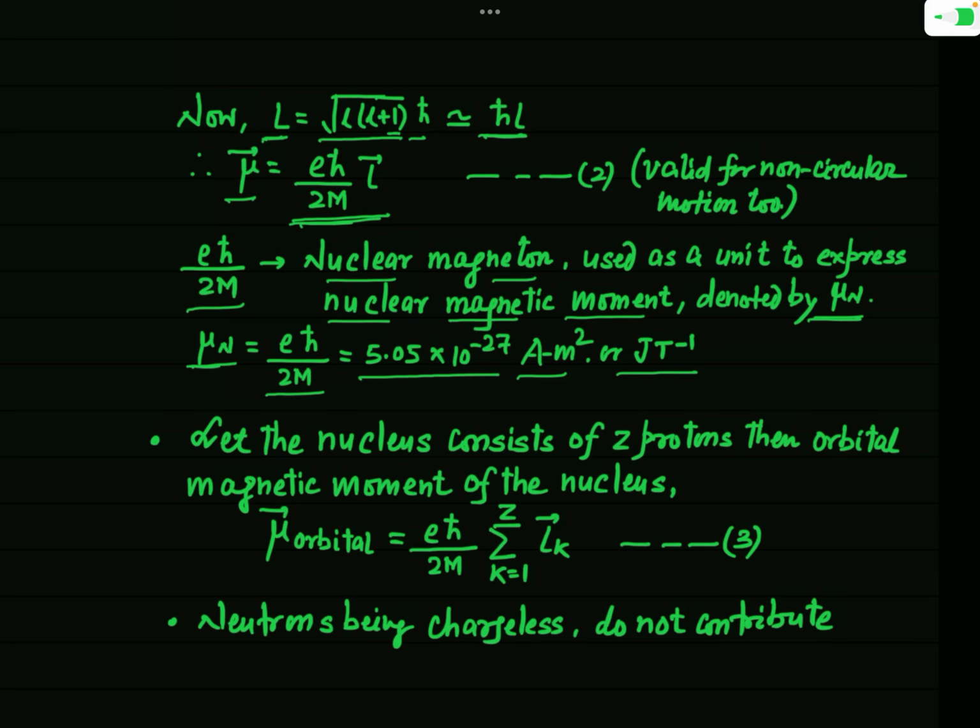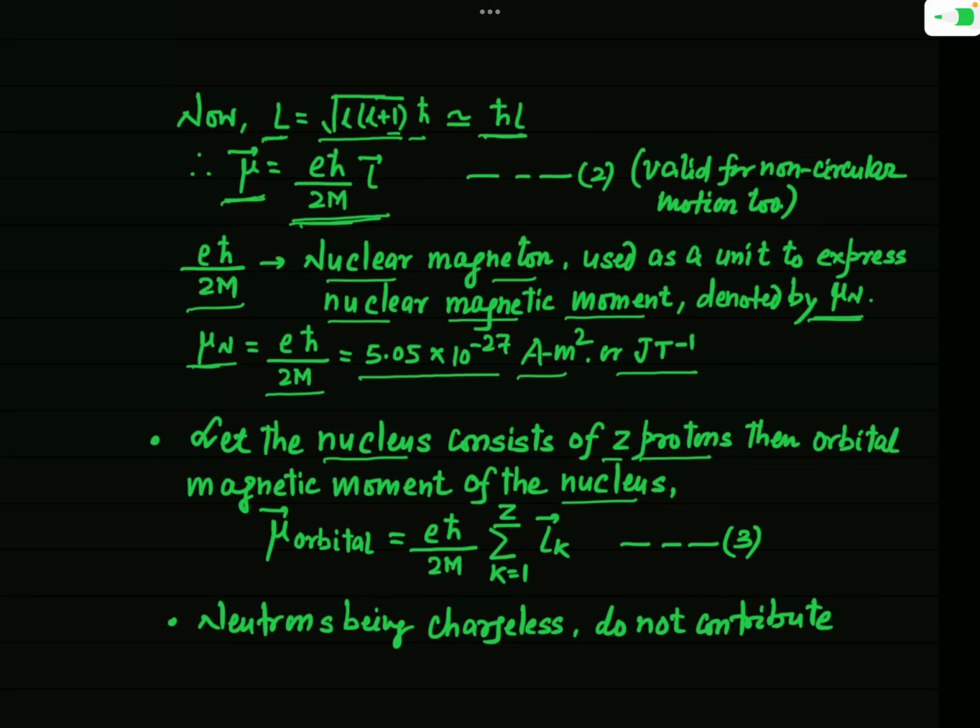As you can see, I have calculated the magnetic moment associated with the orbital motion of the proton, considering only one proton revolving inside the nucleus. But in general, inside a nucleus, there may be a large number of protons revolving in a similar manner. So if you now consider a nucleus which has Z protons, it means the proton number of this nucleus is Z, then the orbital magnetic moment of this nucleus will be what?